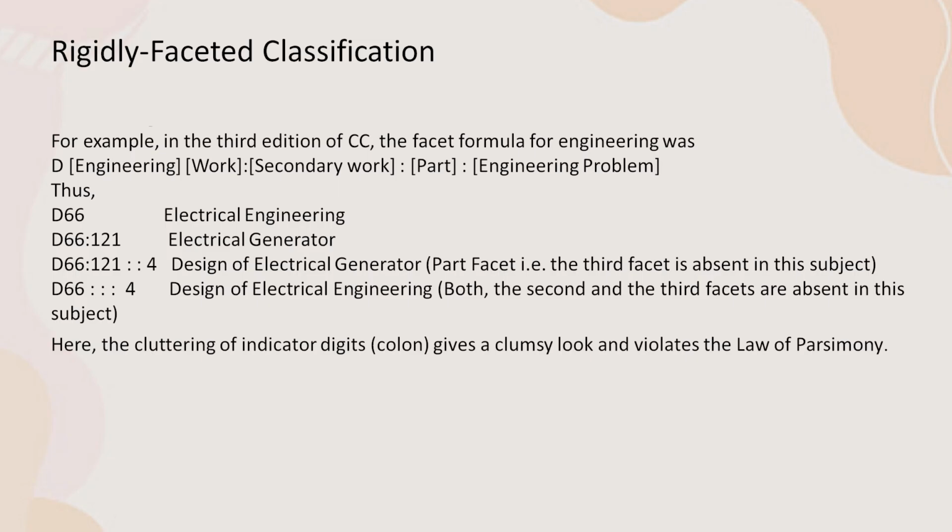Thus, we may get the class number for design of electrical engineering as D66 colon colon colon 4, as the required isolates in the facets were absent in that particular title. Therefore, the cluttering of indicator digit of colon is occurring, and it gives a clumsy look and violates the law of parsimony.